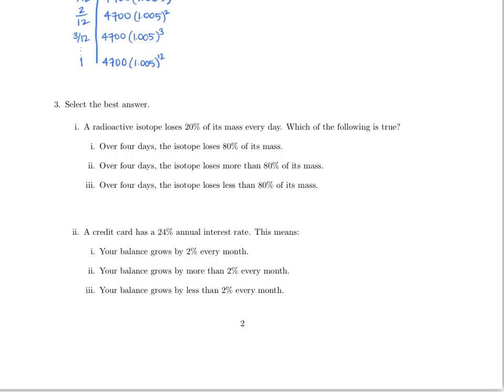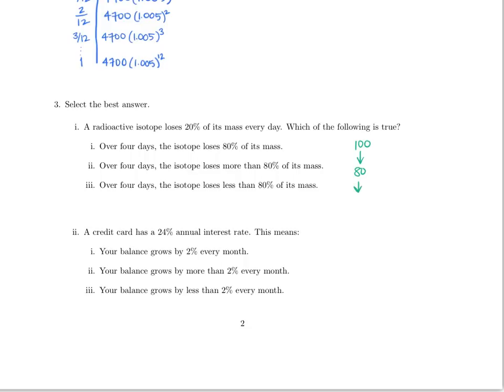Because while it's true that you lost 20% of its mass every day, that 20% corresponds to a particular raw amount. When you then remove 20% of that amount, you're taking 20% away of a smaller number. So the raw amount decreases. Meaning if you take a quick look at what happens when you're going from 100 to start off, decreasing by 20% gives you 80.